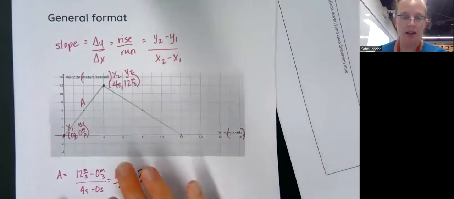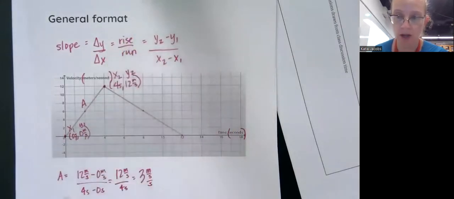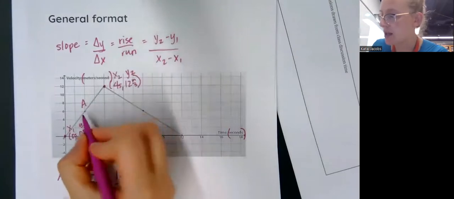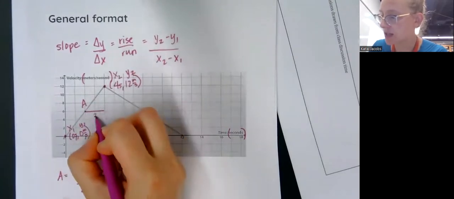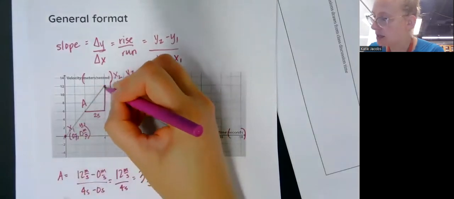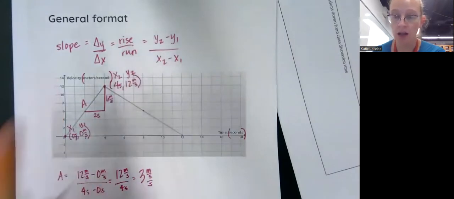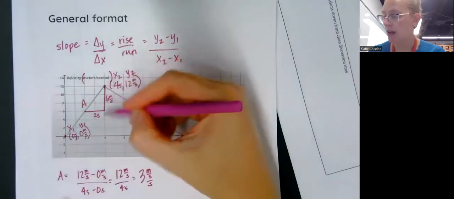Another way to get it, if you would rather just do rise over run, is to draw what I call a slope triangle on the graph. Here, this triangle is 2 seconds wide on the base and 6 meters per second tall on the height.